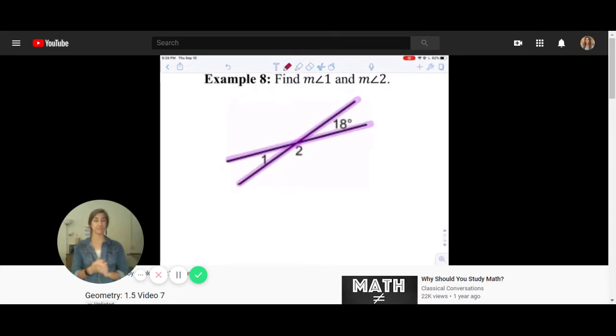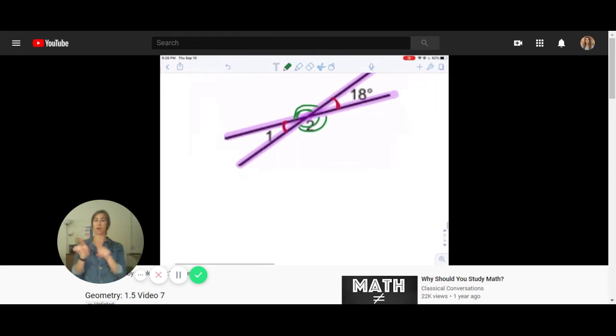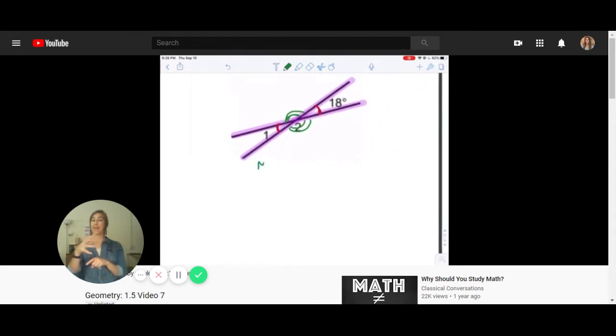And so the first thing that I'm going to do is label my vertical angles and mark which ones are congruent. These angles are vertical angles and they are congruent. And these obtuse angles are also vertical angles and are congruent. So what that means is that the measure of angle 1 is 18 degrees.